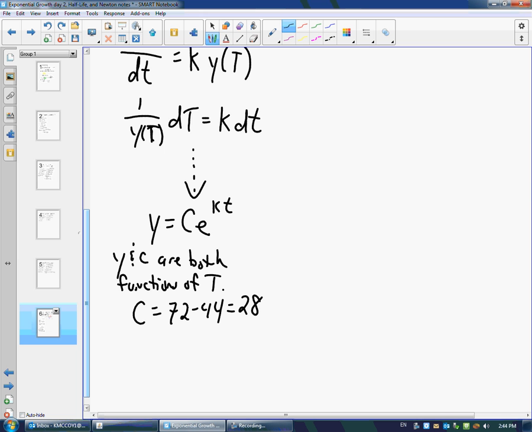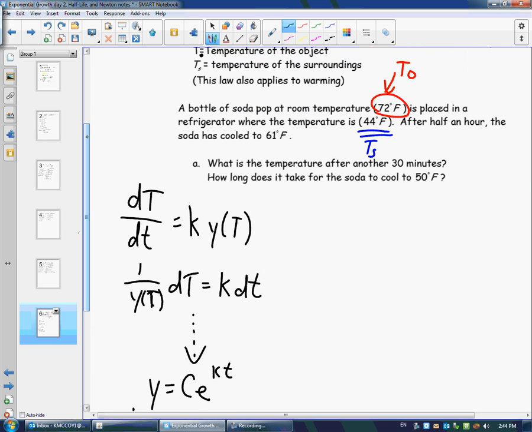We're also going to need to know what y is, because we have to plug both of those things into our equation. The current one: after half an hour, the soda has cooled to 61 degrees.